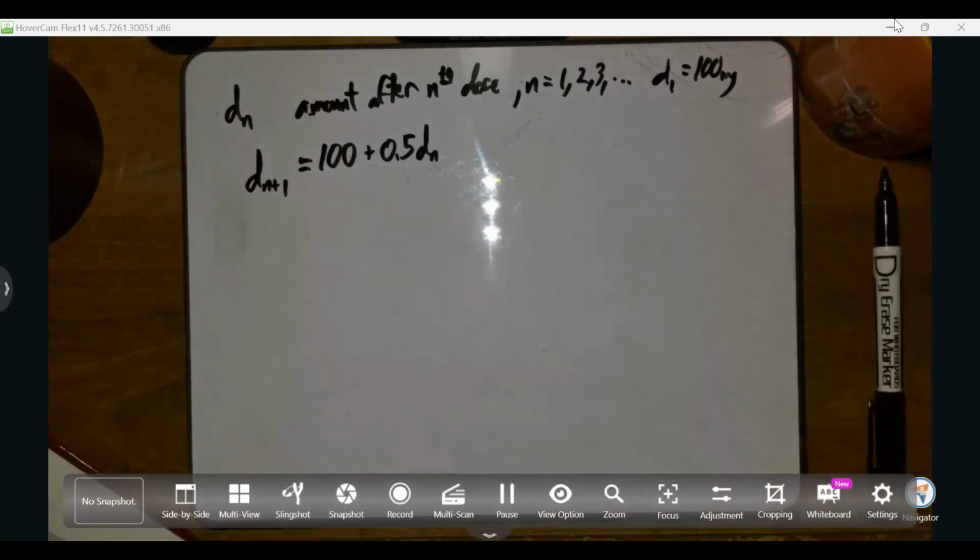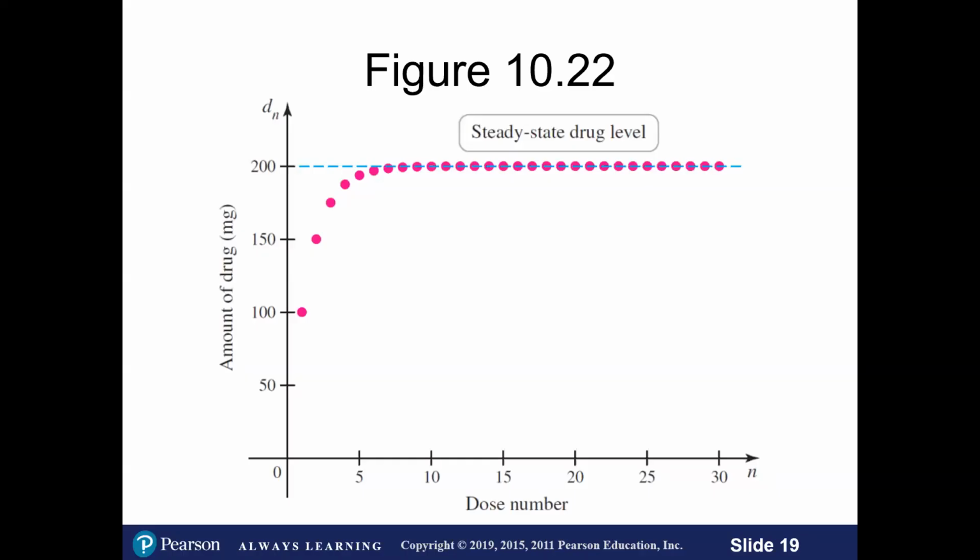All right, so now let's look at the graph. If we graph these terms, we start with 100, then 150, 175, and so on, and we can see from the successive terms it looks like we have a steady state level of 200.